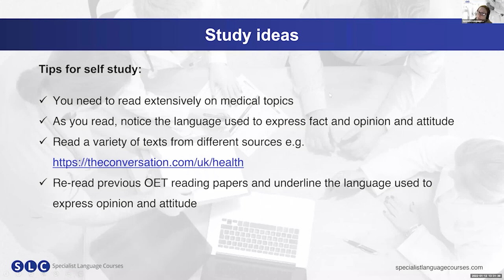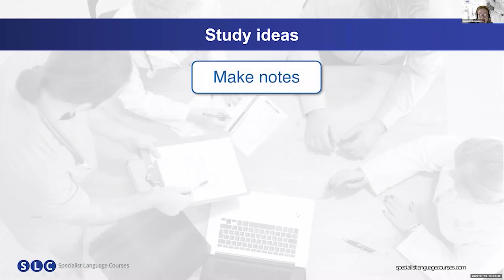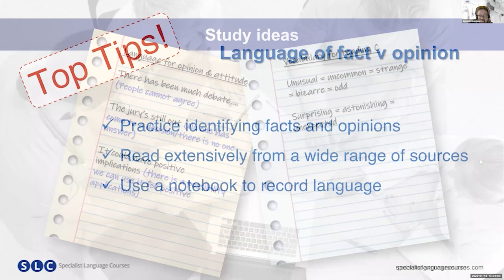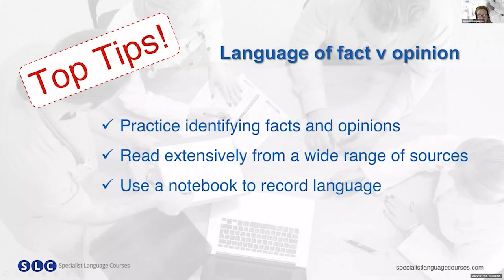So once you finish doing time practice, go back to the text. Underline language. Make notes. Put it in your notebook and review it regularly. So important. So practice identifying it, read extensively, and keep a notebook.